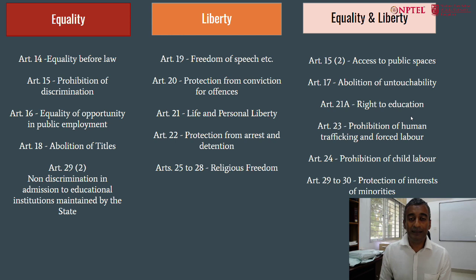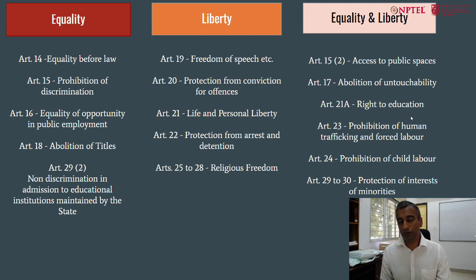Article 21, which is a base life and personal liberty protection, and around Article 21, you have Article 20 on the one hand, which prevents the creation of certain kinds of criminal law, and Article 22 on the other, which prevents the state from exercising its criminal law powers in a way that infringes on life and personal liberty.